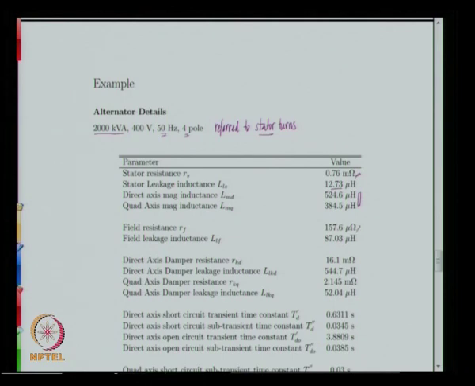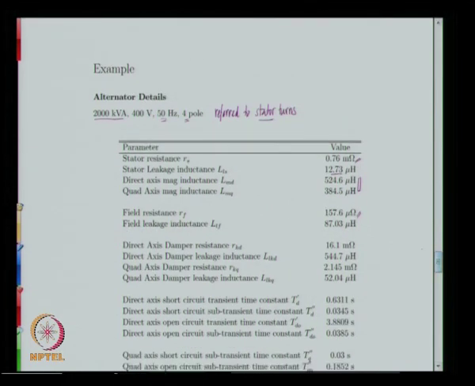The field resistance is again much smaller than even the stator resistance, and it is only 0.157 milliohms, whereas this is 0.76 milliohms. Field inductance is given here.